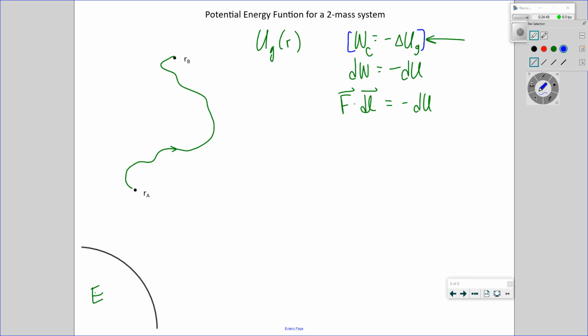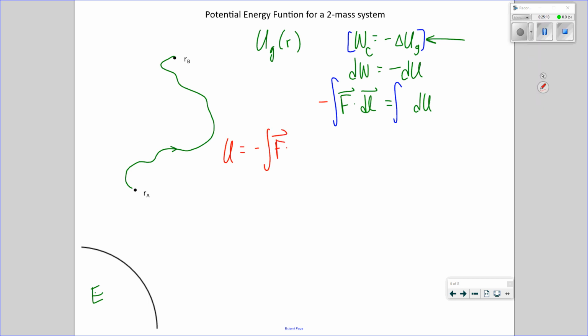And then if I want to find the potential energy function, I can integrate both sides. Watch this. I'm going to move that negative over here. So U is going to be the negative integral of F dot dl. Okay, so the object, let's say, is here. The force on the object is Fg.